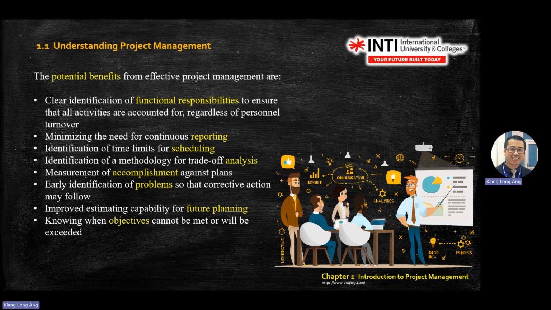So if you have a very good project management team, you're able to identify problems during the planning stage. There are five processes just now, and if you have very effective project management, then you're able to identify the problems.